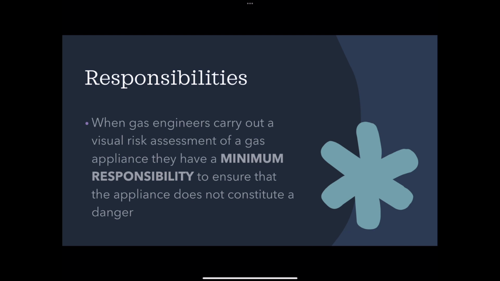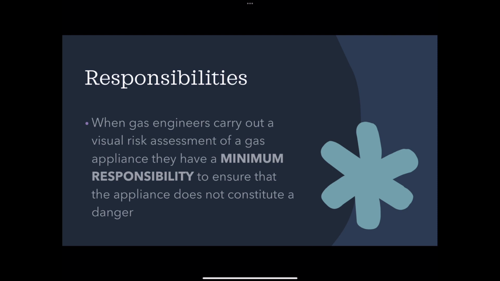So your responsibilities as a gas engineer are as follows. When gas engineers carry out a visual risk assessment of a gas appliance, they have a minimum responsibility. So what I'm going to explain to you in this video is the minimum that you must do before you leave a premises.